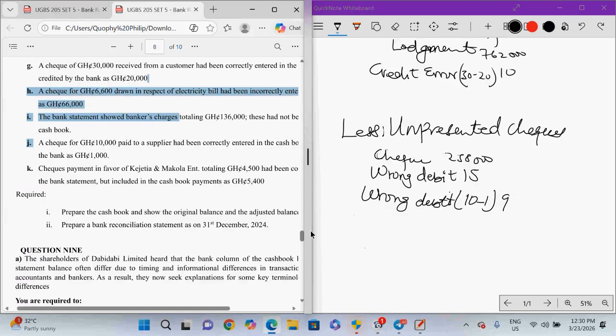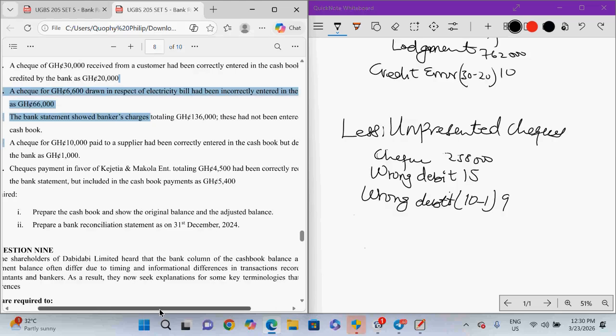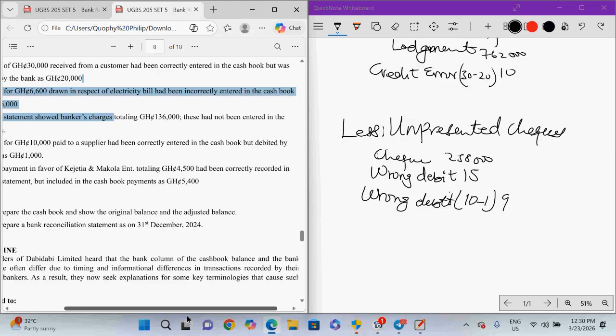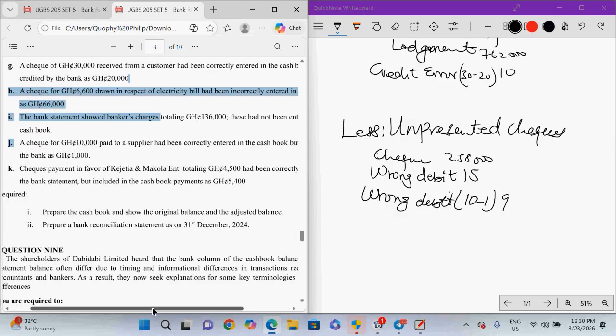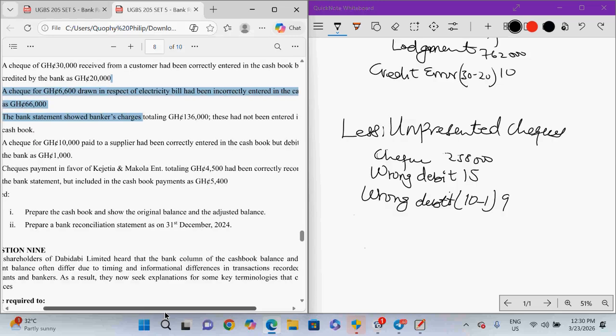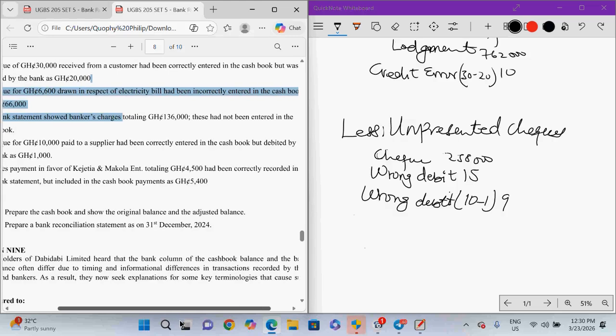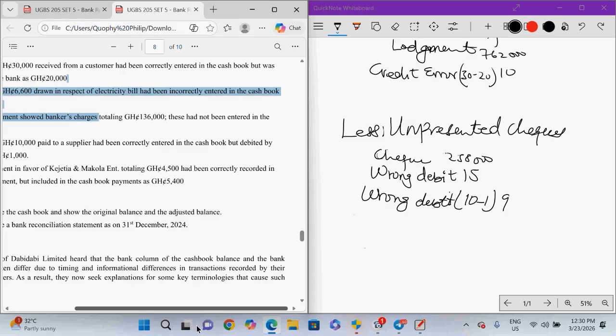Check payments in favor of Enterprise totaling 4,500 had been correctly recorded in the bank statement, but included in the cash book payment as 5,400. So what did it affect?